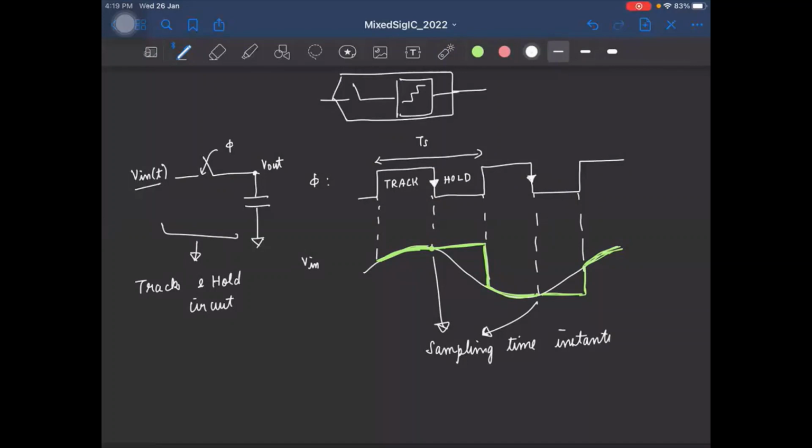Okay, and usually we have both track and hold to be of the same duration. So if the total clock period is Ts, we have a time interval Ts by 2 allotted for tracking, and the remaining Ts by 2 for holding. So the first Ts by 2 is for sampling or tracking the input.